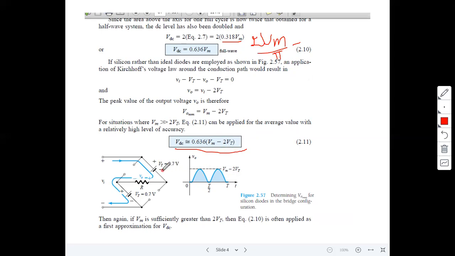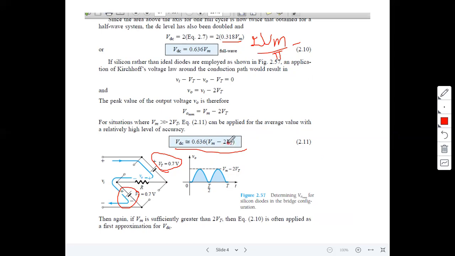If we consider the diode offset voltages, there are different names used for this 0.7: offset voltage, breakdown voltage, cut-in voltage, or threshold voltage, all with the same meaning. We subtract here because two diodes are in forward bias, so 2 into Vt.